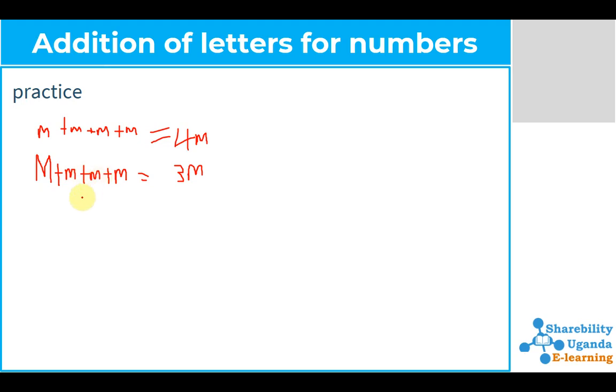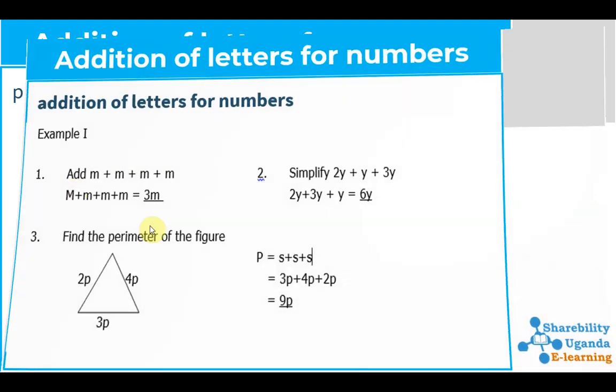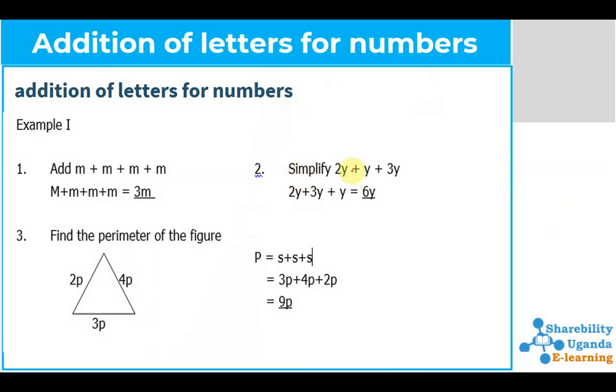Let's also look at another number on how we can solve this. Our second number was simplify 2y plus y plus 3y. The fact that all of them are y's means we can simplify them and get an answer.